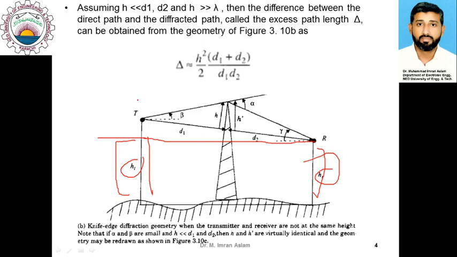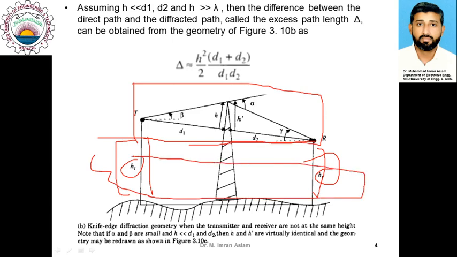We are interested in the phenomena occurring at the upper side only. The bottom side is not related to our calculation. So in most cases we simplify this geometry by reducing all the heights by this HR height, because HR is the minimum height.